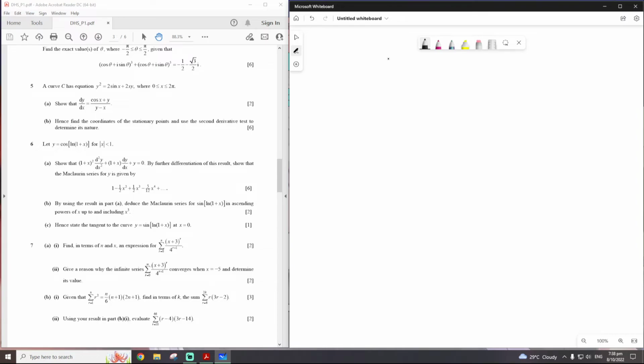Question 6. This is Maclaurin's. We're going to let y equals cos(ln(1 + x)). Now there isn't really any implicit differentiation we can do on this to make it easier at the moment, so let's differentiate this explicitly.